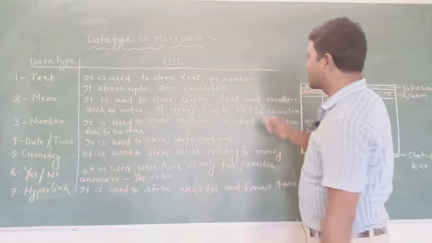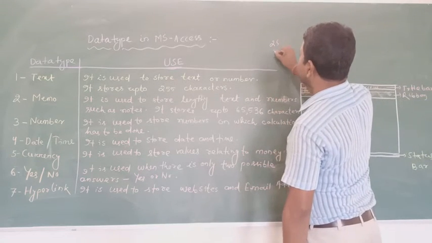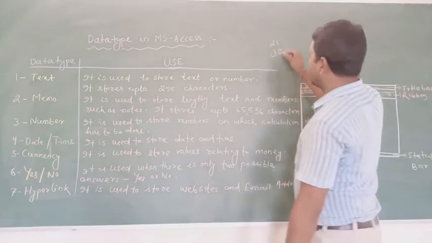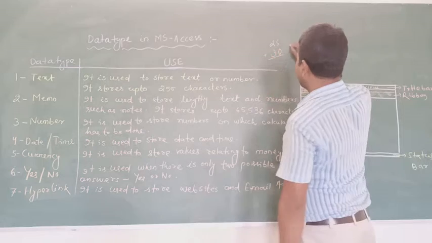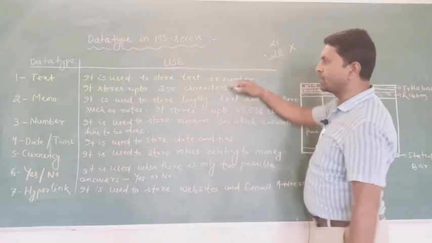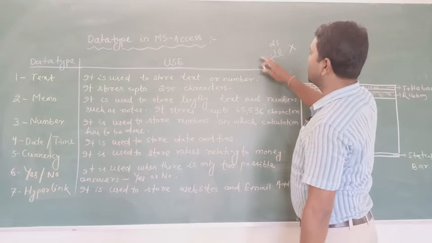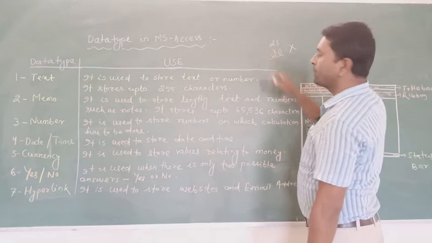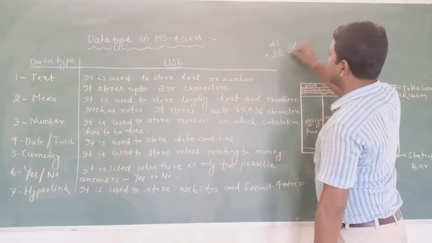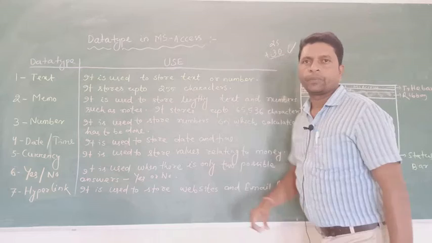For example, if I enter 25 and 30 in the text data type and add both numbers, this is not possible. But if I save 25 and 30 as the number data type, then I can add, subtract, or make any calculation.